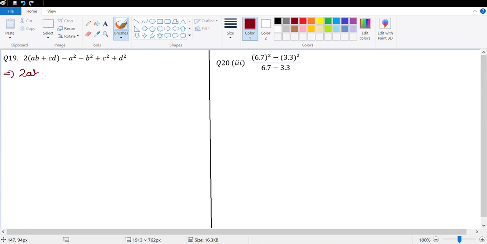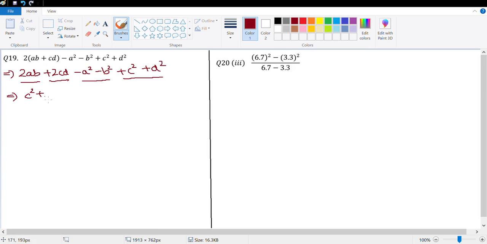This is 2ab plus 2cd minus a square minus b square plus c square plus d square. I notice c square plus d square plus 2cd would make c plus d whole square, and I notice a square, b square and 2ab would also make a plus b or a minus b the whole square. Let's group them together.